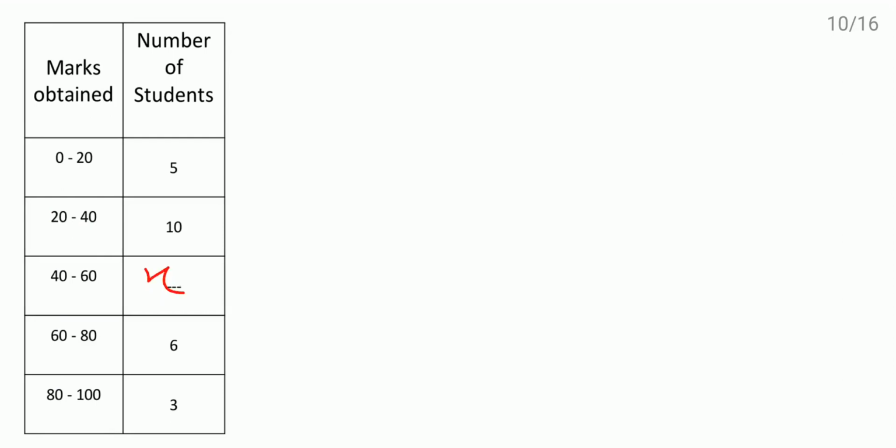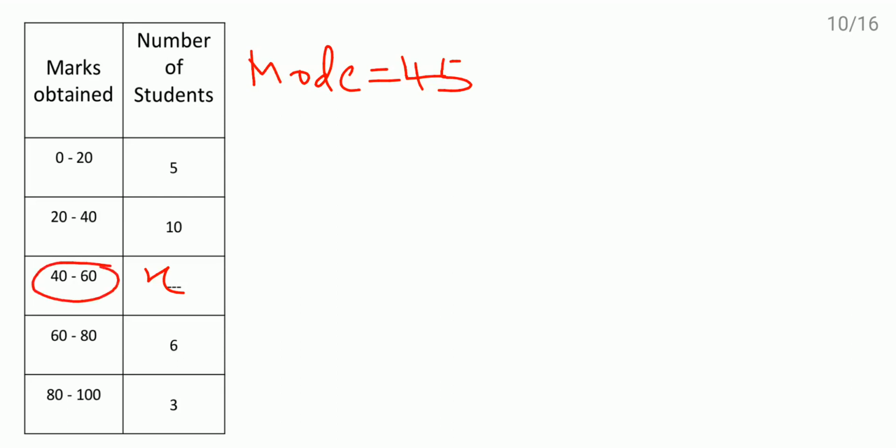So here we can write down, let the missing frequency be X in the starting. Then another information she has given us, the mode of the data is 45. So mode is equal to 45, and we need to check where this 45 comes, that means in which class interval 45 comes. It comes here.